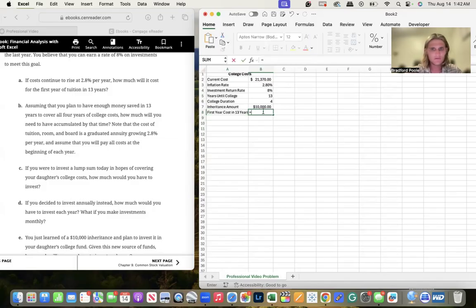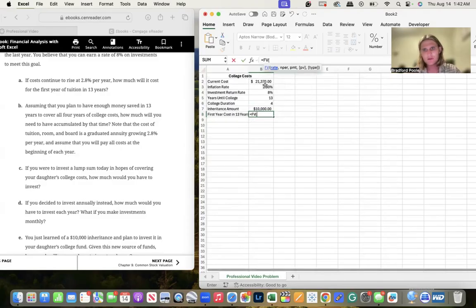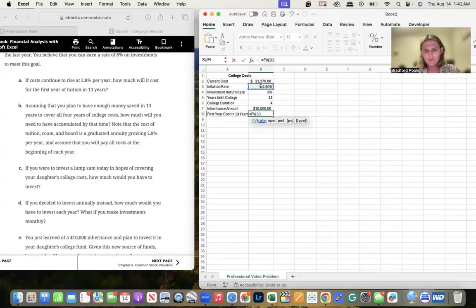So we're gonna do the future value function, and we're gonna enter the rate, which is B3. And we're gonna do the investment years until college. And that's going to give us our first year cost, which is going to be $30,599.